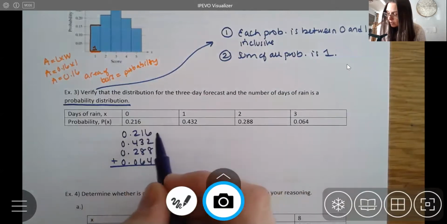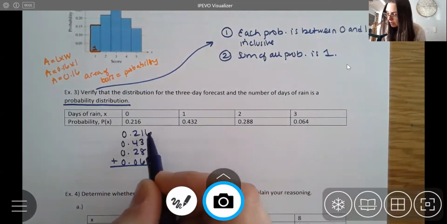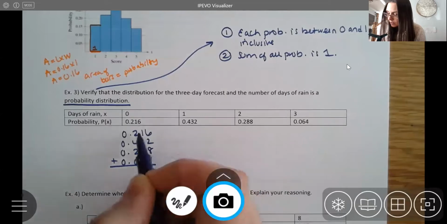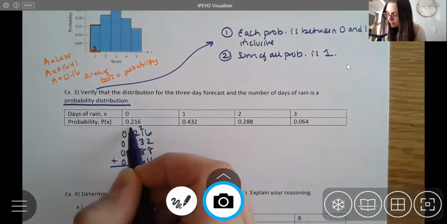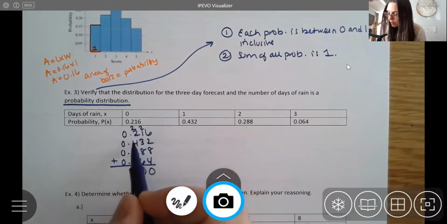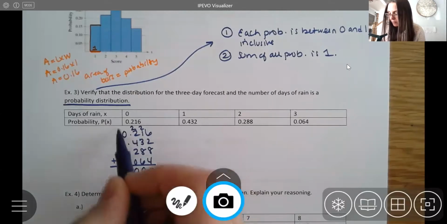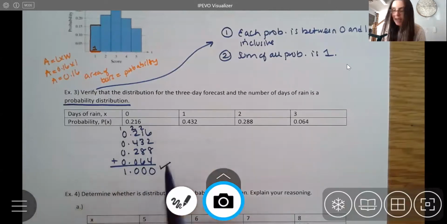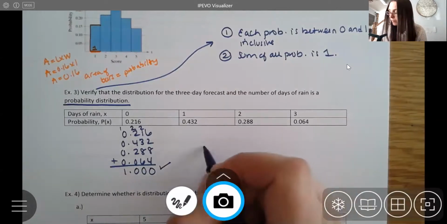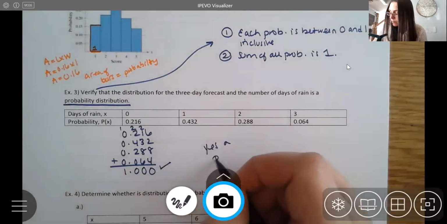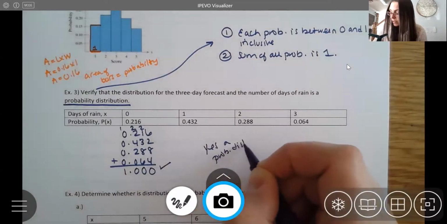All right, so let's see, I have 10 and 10 is 20, so 0, carry the 2. Then I have 3, 4, 5, 6, 6 and 6 is 12, plus 8 is 20 again. Here I have 4 and another 4, which gives me 8, and then 9, 10, and I do see that I add up to 1. So I do have a probability distribution here, and everything was basically done correctly.